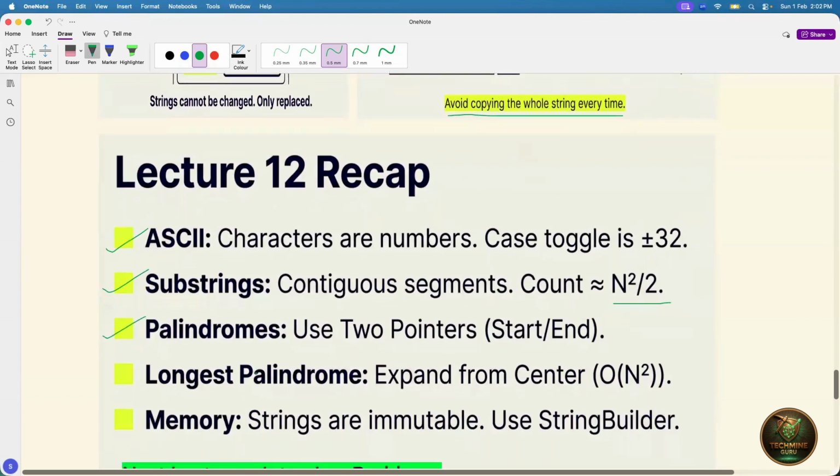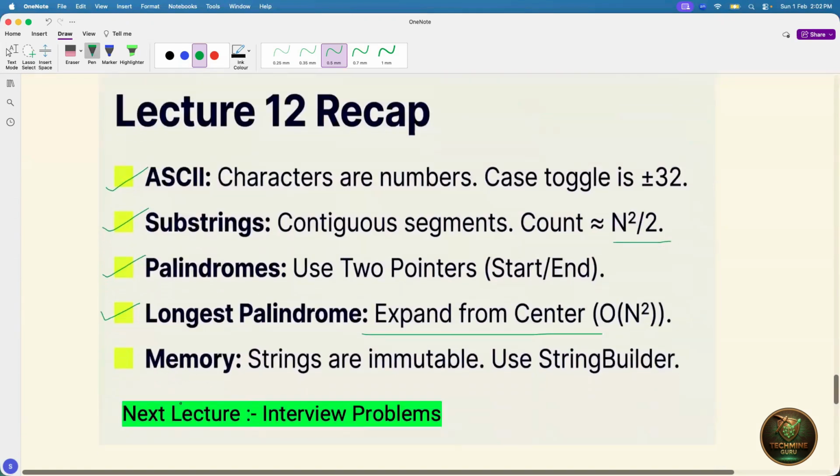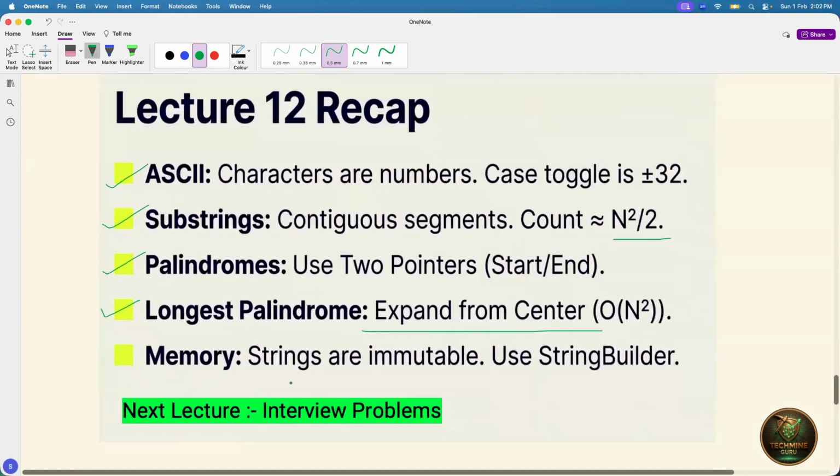Then we learned the boss level problem of finding the longest palindromic substring, where we optimized the approach by expanding from the center, and handled both even and odd cases. And lastly, we learned how strings are stored inside memory, because of which they are immutable by default, and how we solve that using StringBuilder.